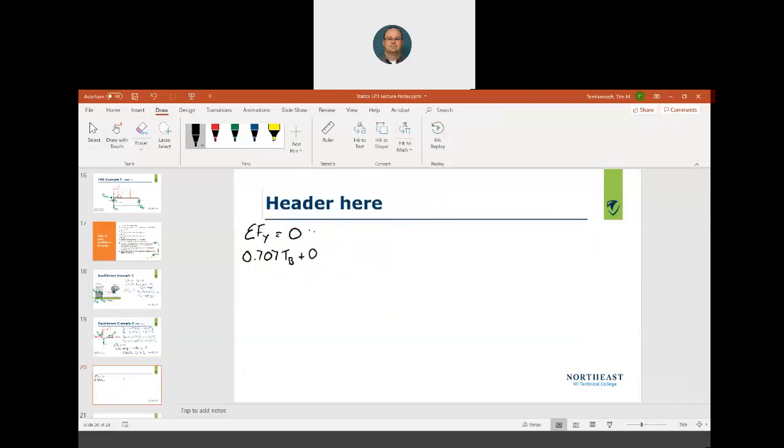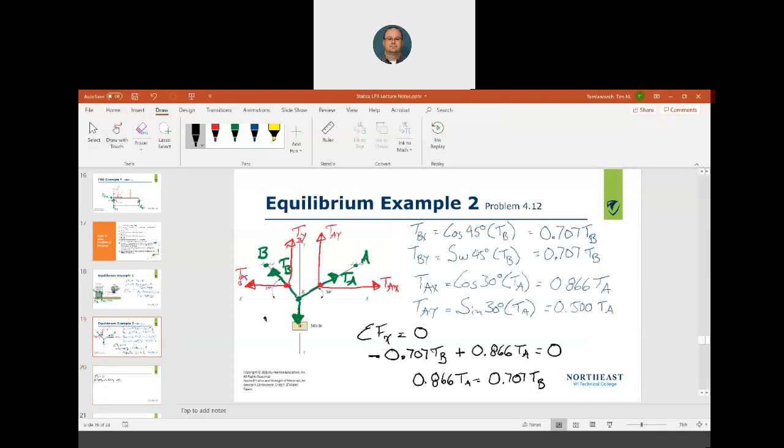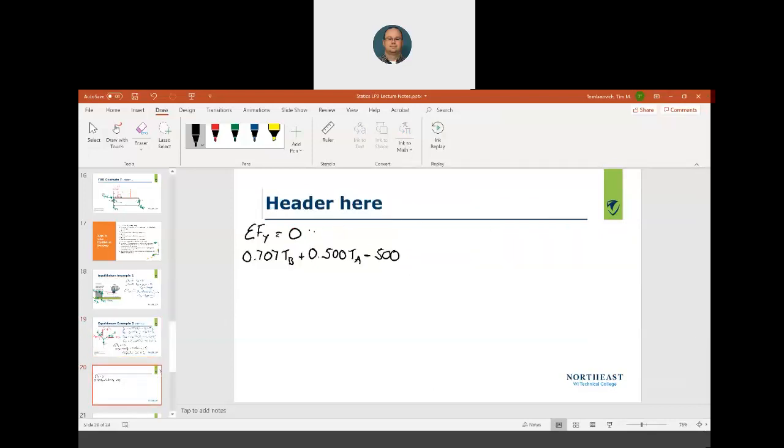Minus 500. Is that how much that thing weighs? So I'm looking at this vector right here, 500 pounds, equals 0. Okay, I still can't solve that, can I?